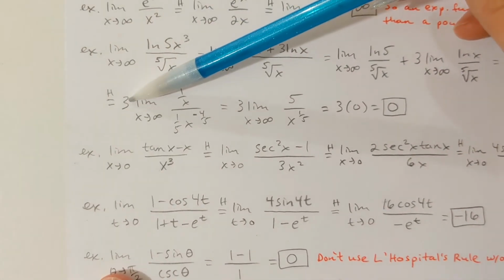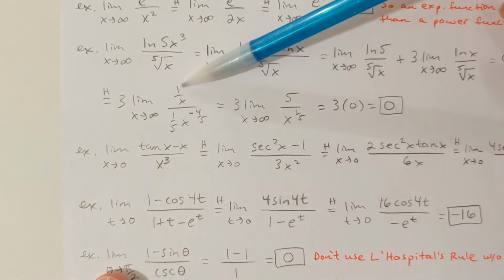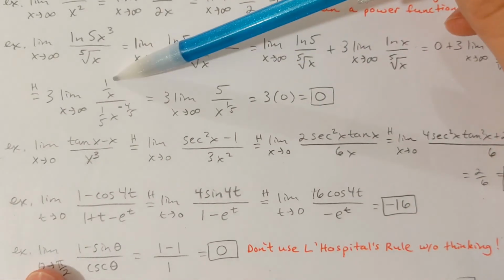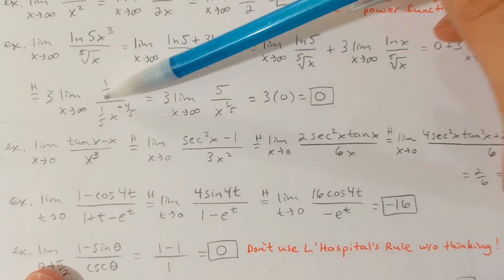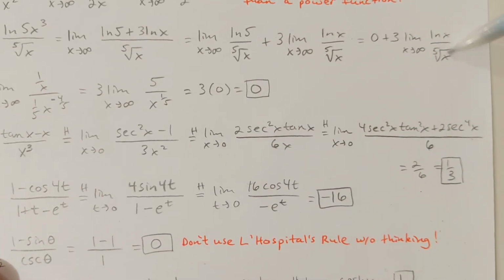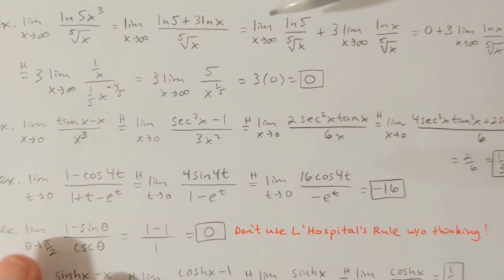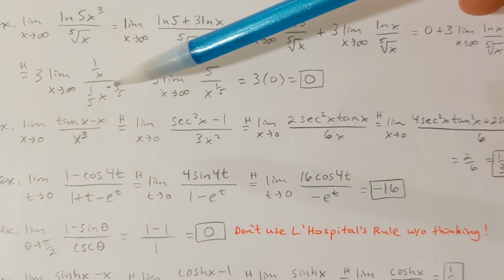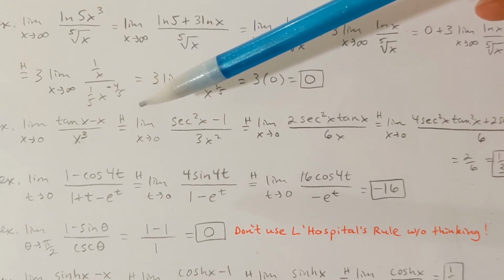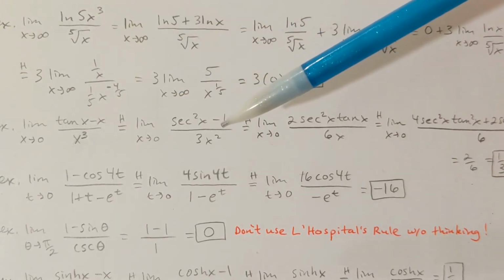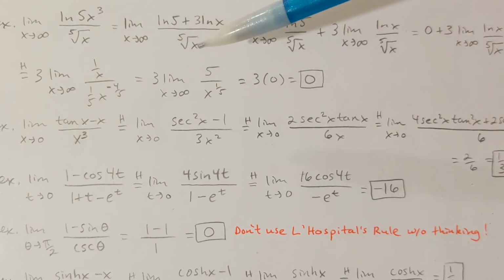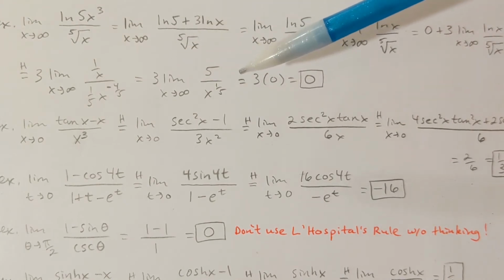You got 3 times the limit as x approaches infinity of the derivative of the top, that's 1 over x, divided by the derivative of the bottom, that'd be 1/5 x to the negative 4/5. That'd be the same as 1 over 5x to the 4/5. And if you flip that, you would have 5x to the 4/5 divided by x.